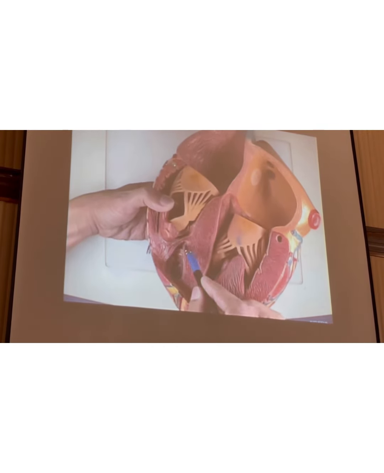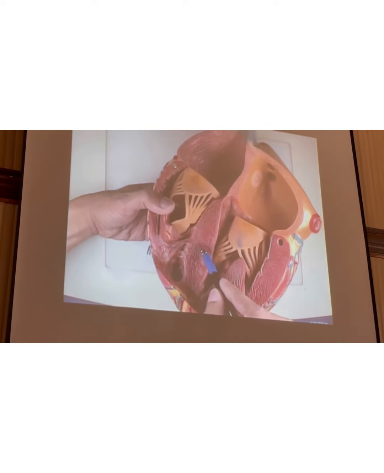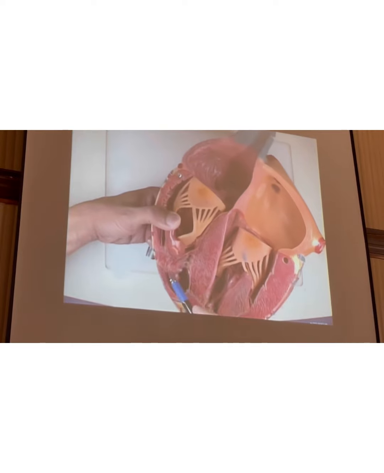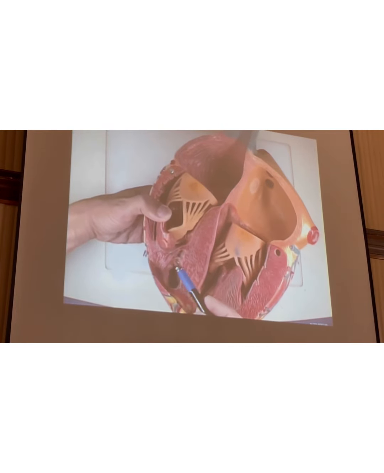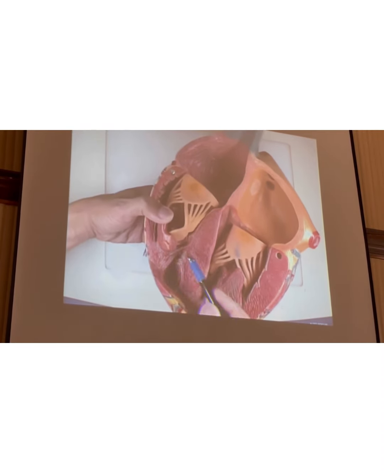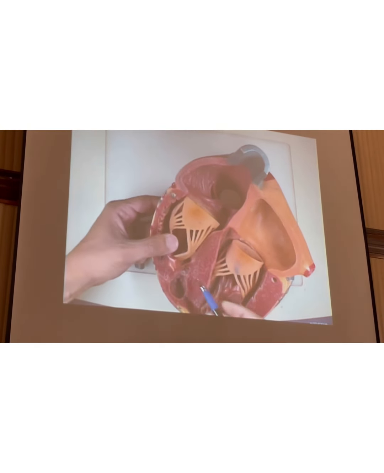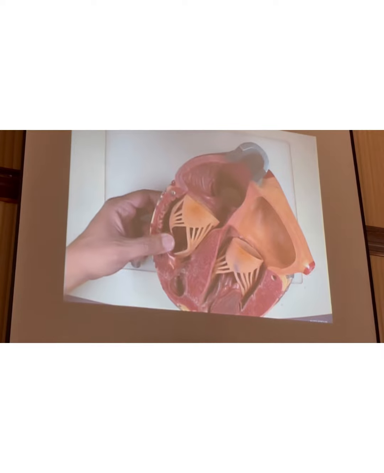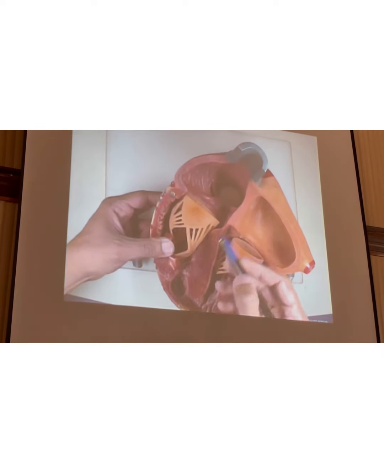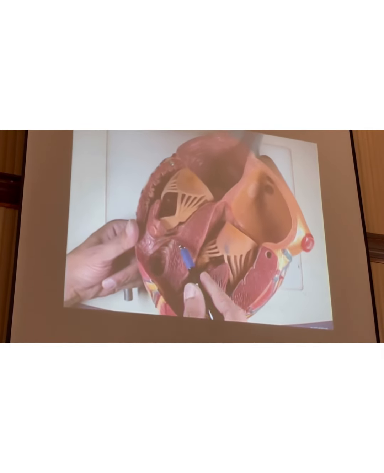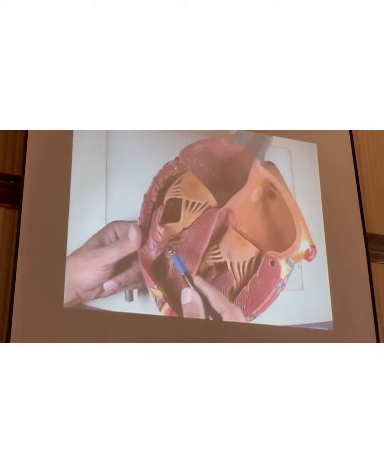You see it connecting the interventricular septum and the anterior wall of the right ventricle, so in between them it's free. In the core of the moderator band there is the right bundle branch of the conducting system. We will come to the conducting system later. So this is the second form of the trabeculae carneae, the moderator band.